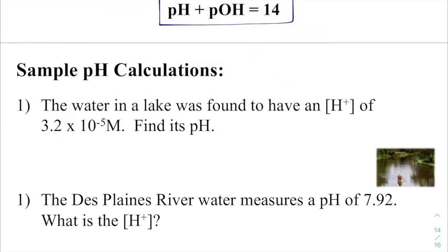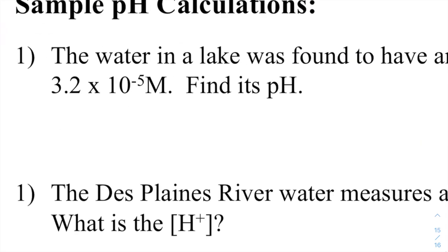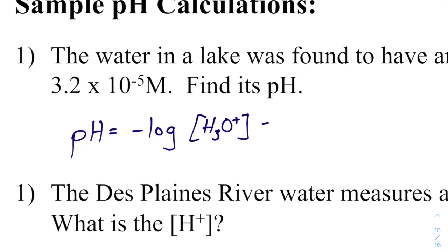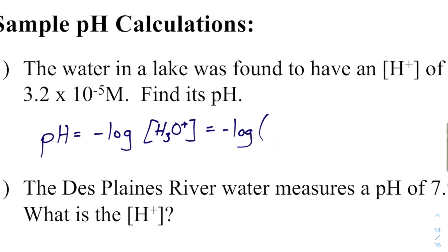So pH is equal to negative log of the hydronium concentration, which is negative log of 3.2 times 10 to the negative fifth molar. Remember on your calculator, 3.2 times 10 to the negative fifth is 3.2 E, which is second comma, negative 5.